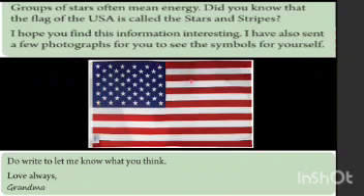There are 13 stripes on the flag which represent the 13 colonies of Britain that declared independence from Britain. And she's telling Ketan that he must have found this information interesting, and she is also sending some photographs for him to see the symbols.